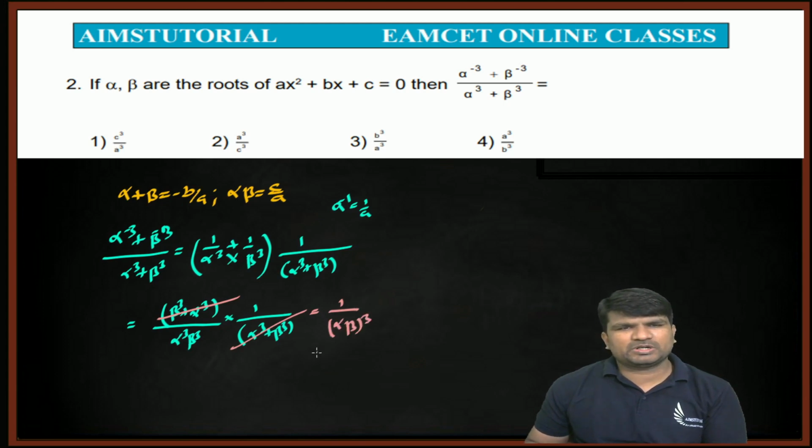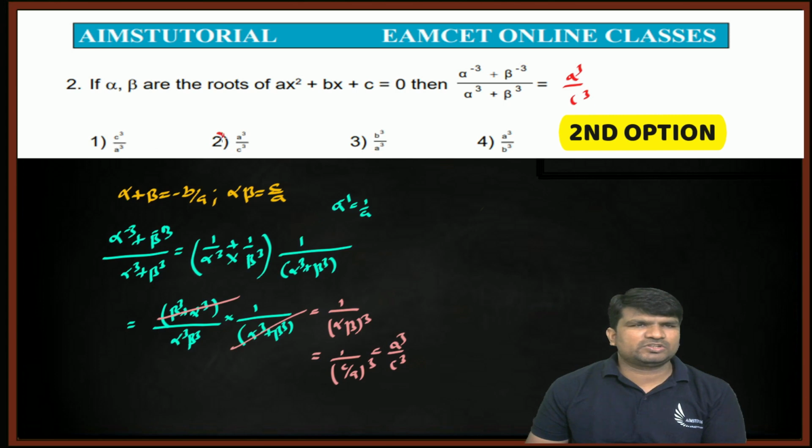Alpha beta means the product of the roots. That is 1 by c by a whole cube, which is a cube by c cube. Therefore the value of the given expression is a cube by c cube. Is any option there? a cube by c cube, second option is the right option.